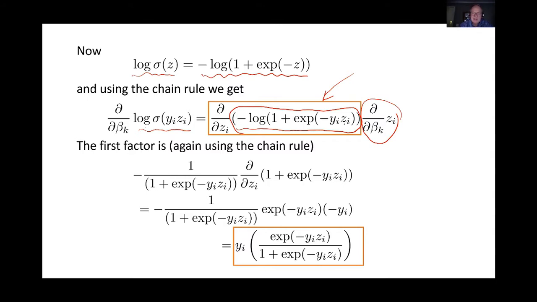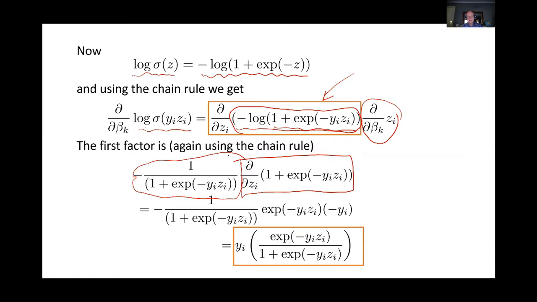First, the derivative of the log function. The derivative of log of x is 1 over x. So we take the derivative of the log, and we have a minus in front of it. That gives 1 over this thing here. Then we multiply that by the derivative of this thing here. The derivative of 1 is 0.